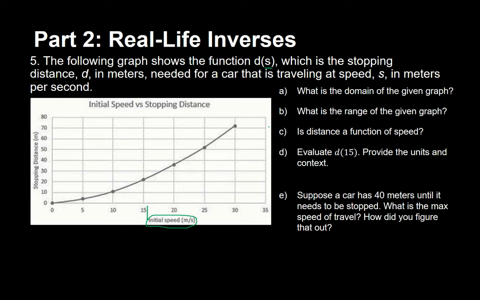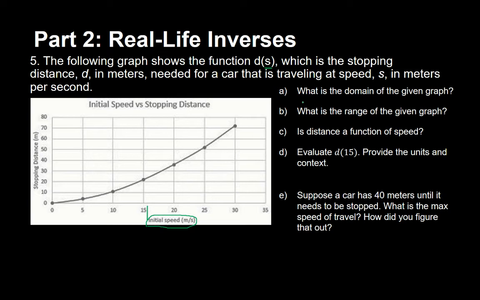And then the output is how long it takes to stop. So for example, if a car is going 20 meters per second, it looks like it's going to need about 36 meters in order to stop.